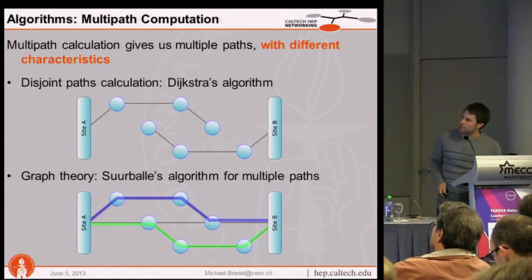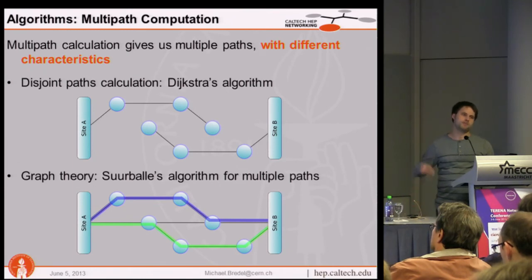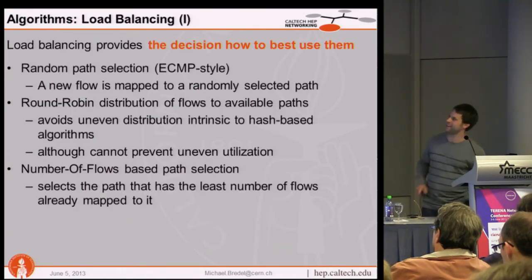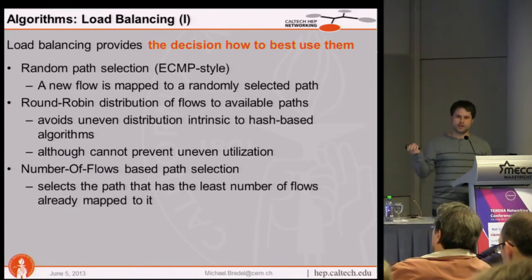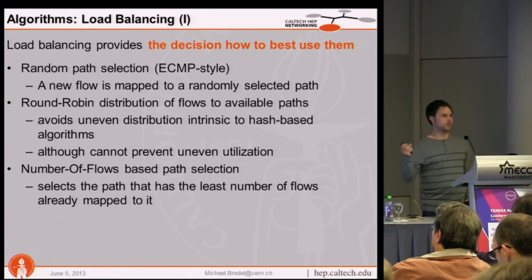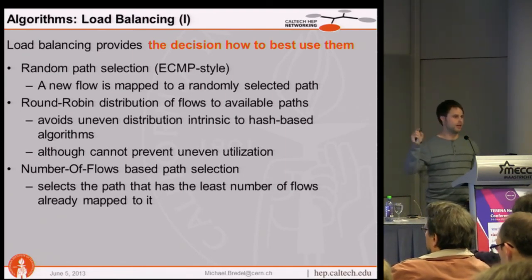However, the paths can have multiple characteristics. You can have multiple capacities on the path and delays and packet loss, I don't know. So what you actually want to do is load balancing, or you want to have an algorithm that makes the decision which is the best path and where I need to map my new flow to.